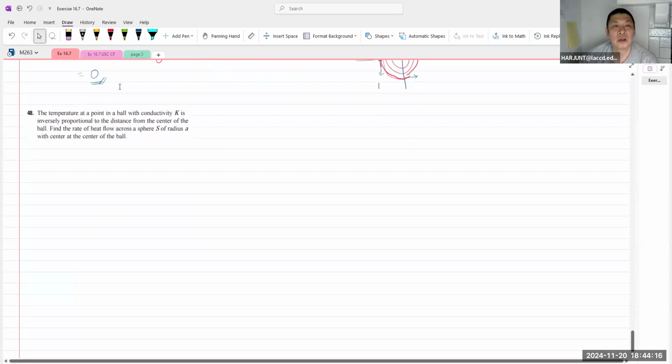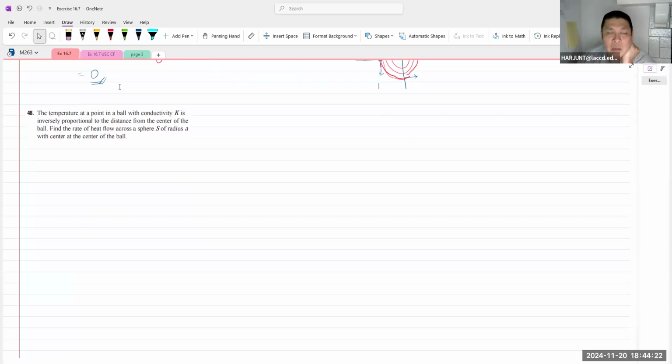Last one. The temperature at a point in a ball with conductivity K. What is that? Oh, conductivity of the heat transfer thingy. Okay, so the temperature is inversely proportional to the distance from the center of the ball.